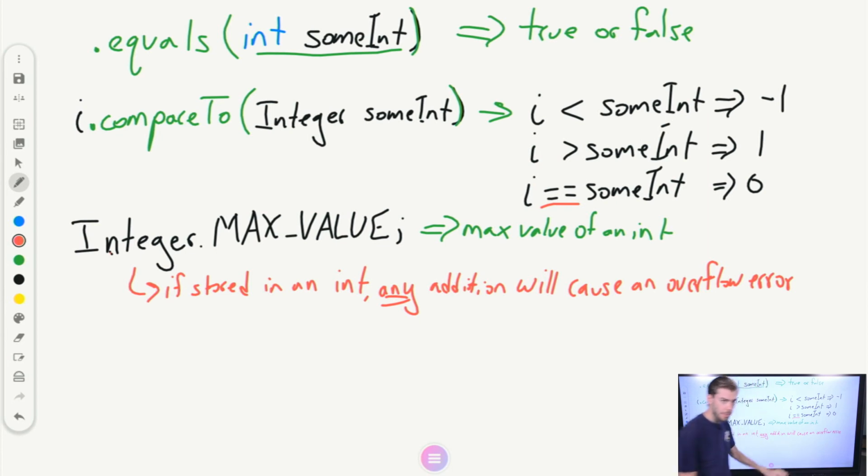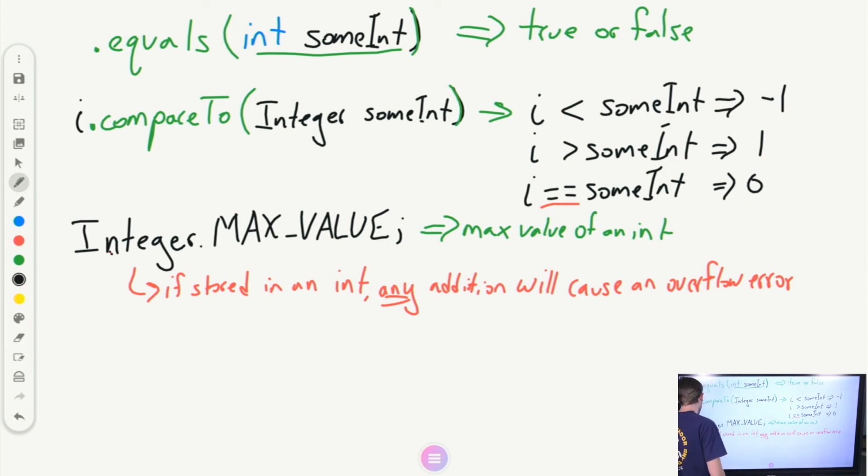We've already discussed this, but I just want to make sure that we have this solidified, that Integer.MAX_VALUE is the absolute maximum value of an integer, the primitive or this object. That is the maximum value that it can store.